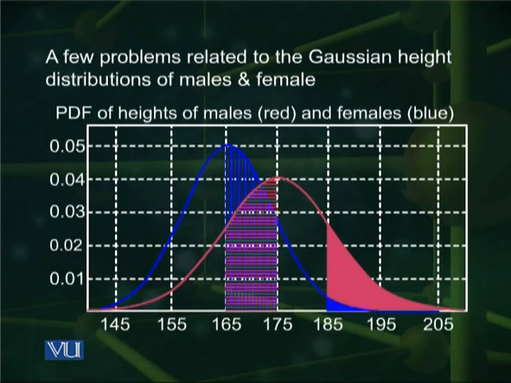And this probability comes out to be 0.16. So there is a 16% chance that a randomly picked boy will be taller than 185 centimeters, and there is only 0.006 probability or 0.6% chance that a randomly picked girl will be taller than 185 centimeters.